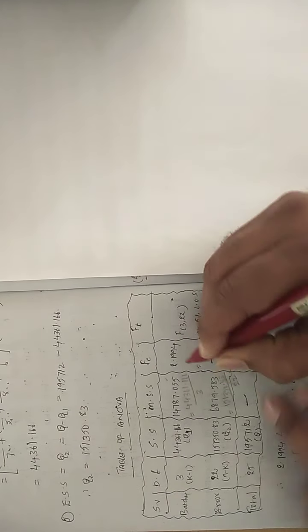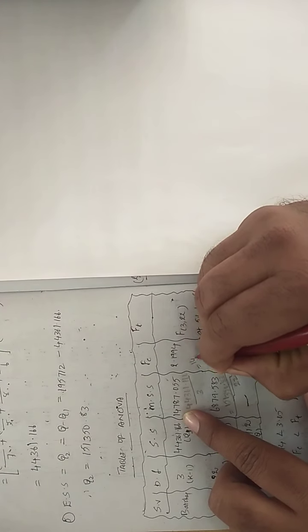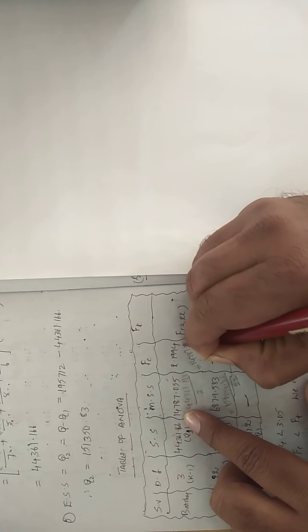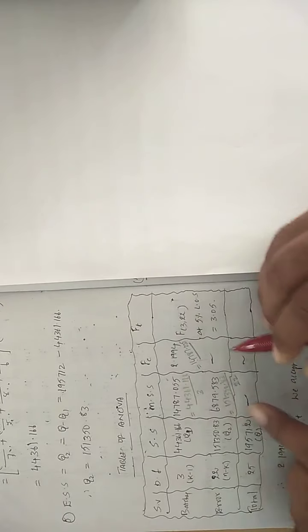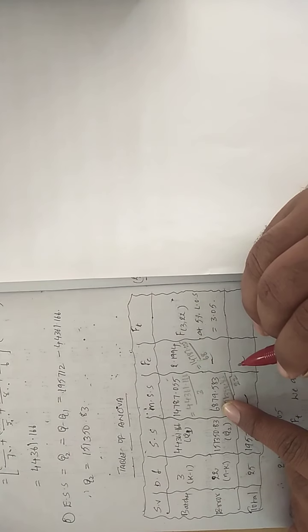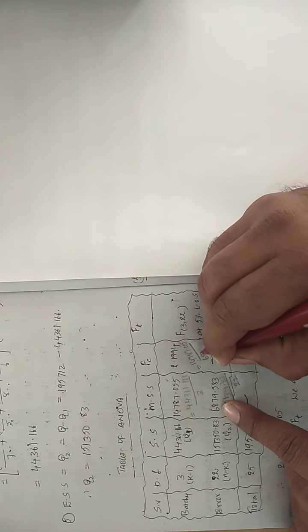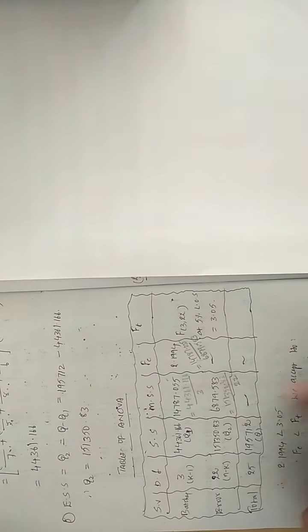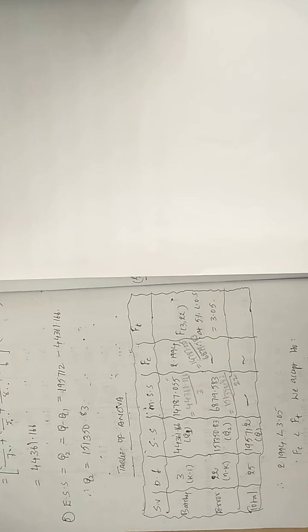Which is nothing but 147,87055 whole divided by this value. How much? 687958. Okay. So this is called the calculated value.